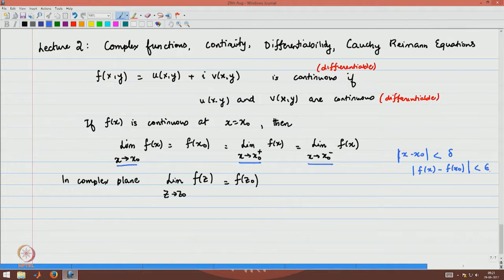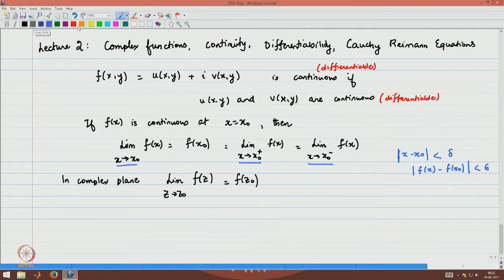What it means is that you can choose an arbitrarily small epsilon, and you can always find a delta neighborhood such that within this neighborhood this function is arbitrarily close to f of x 0. So, this is a formal definition of the limit.